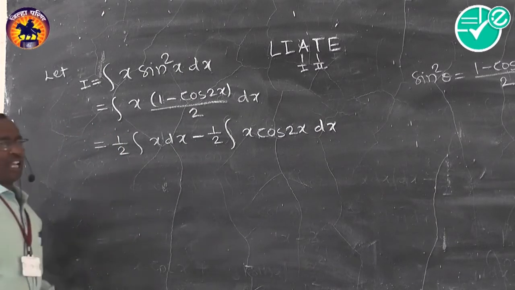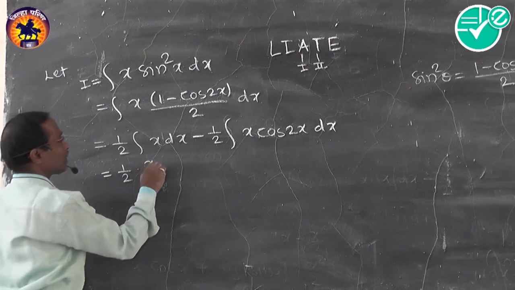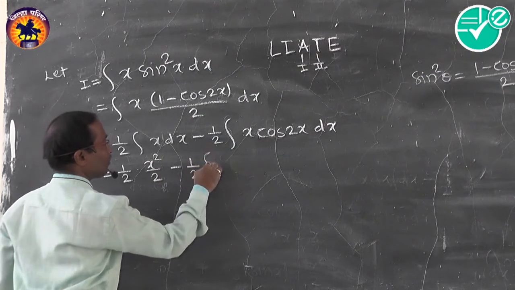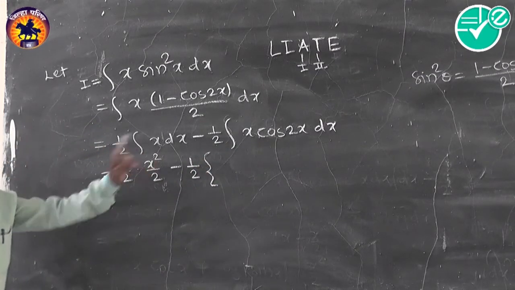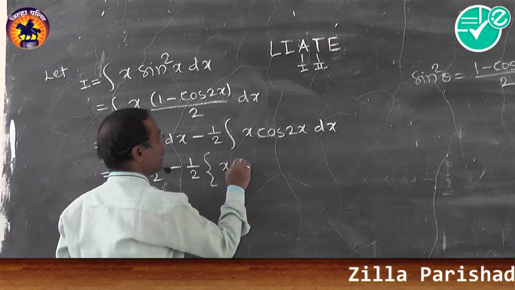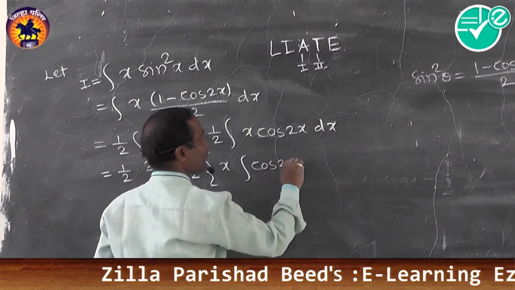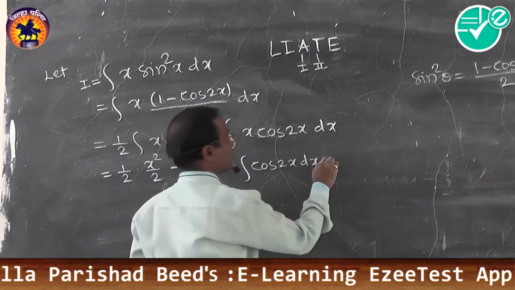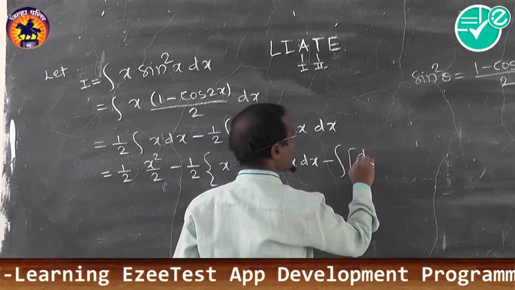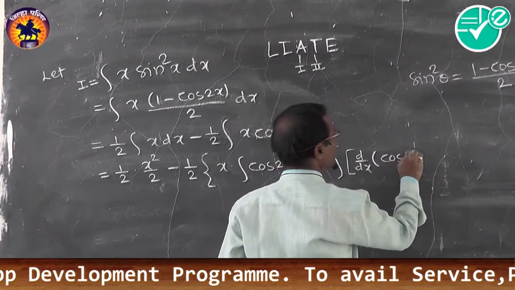So we know the integration of x, 1 by 2 into x square by 2 minus 1 by 2 into, find the integration by using the integration by parts. First as it is, integral of second, minus integral of derivative of first, d by dx of cos 2x.